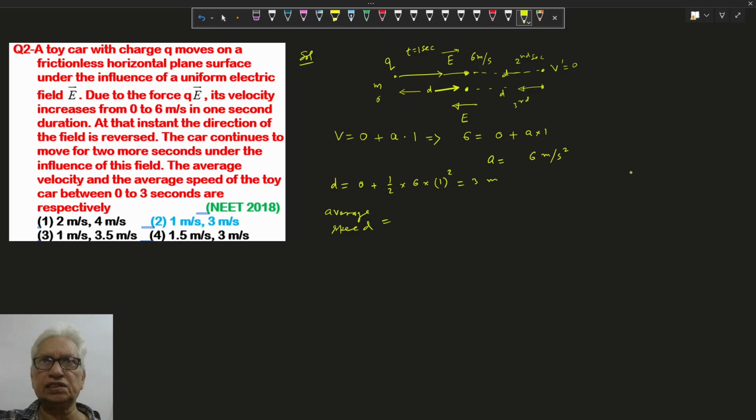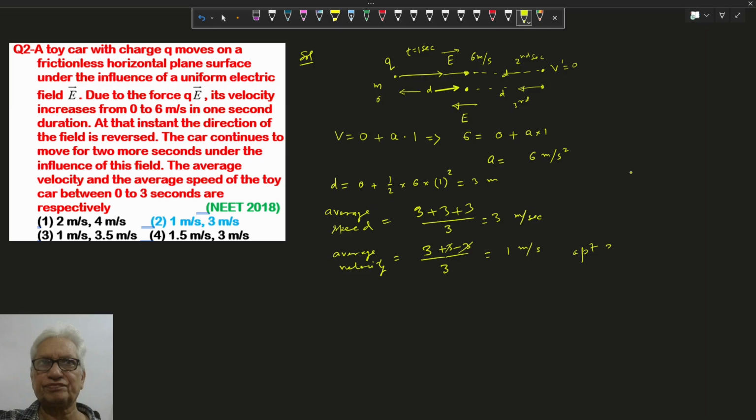Total distance d plus d plus d means 3 plus 3 plus 3, 9 meter distance, and time is 3, so 3 meter per second is the average speed. Average velocity will be displacement, that is 3 plus 3 minus 3, only 3, divided by time, so it is 1 meter per second.